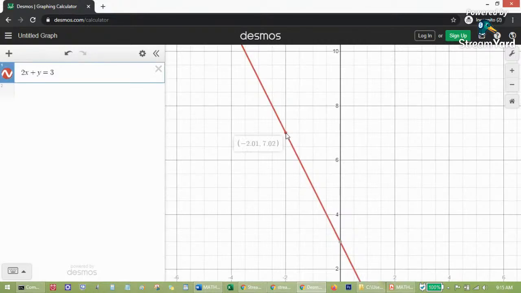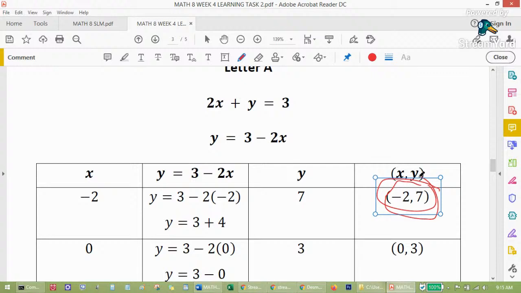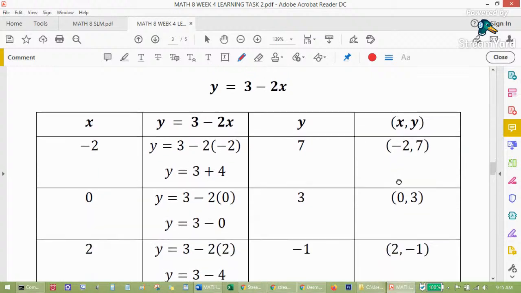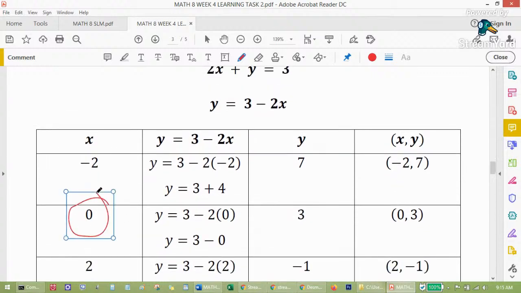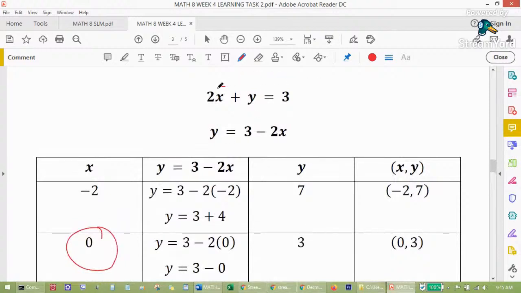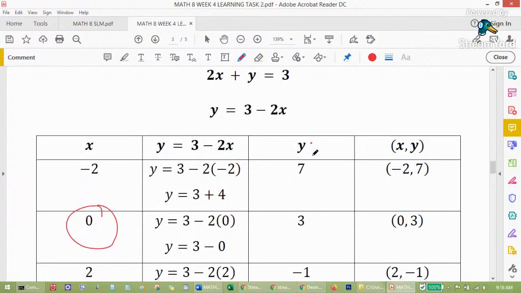Nandito, pag kinlik natin to, that is negative 2, 7. Yung pangalawang point, kapag yung x is 0, kapag sinubstitute natin yung 0 dito, then lumalabas yung y natin is equal to 3. So, ngayong pangalawang point natin, x is 0, y is 3.